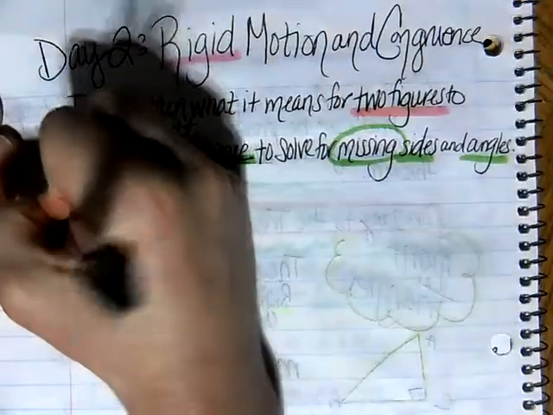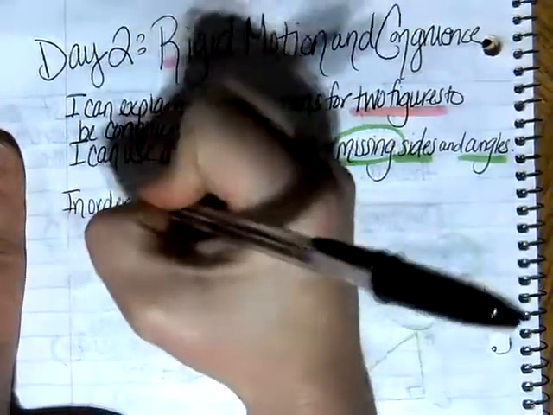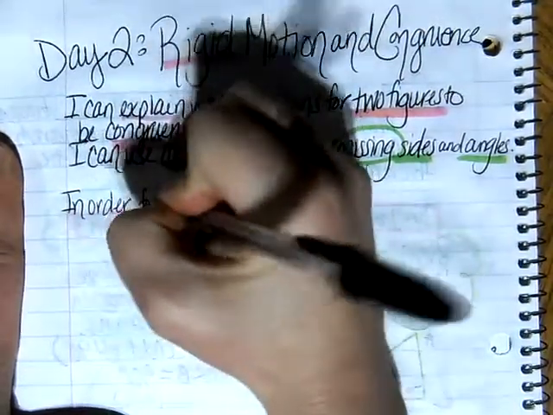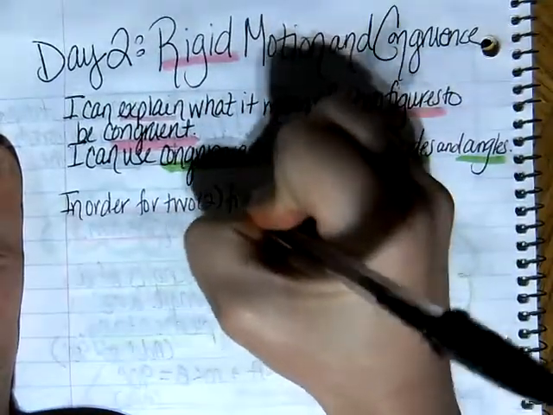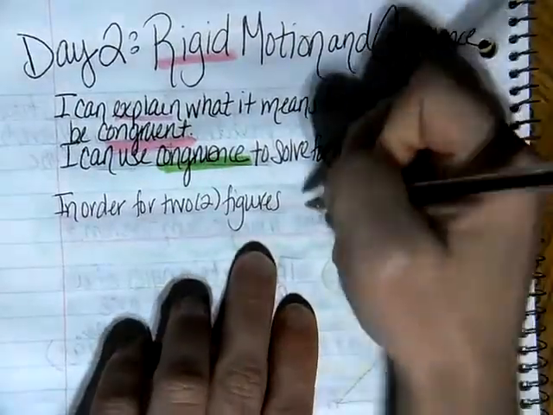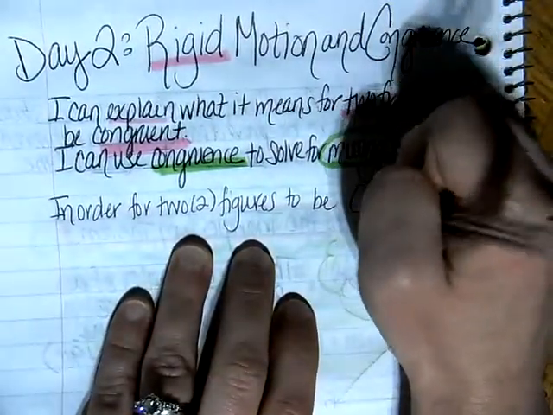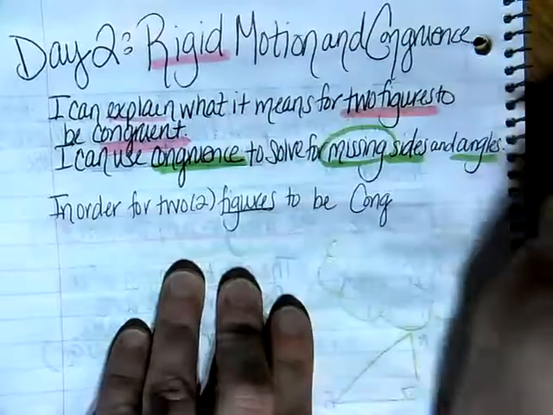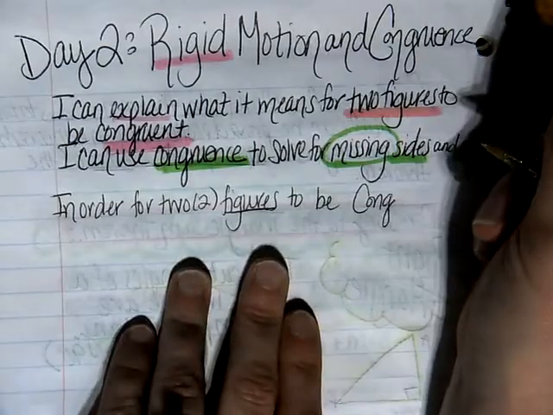Now, in order for two figures to be congruent, so we're talking about figures. That means that we might be talking about triangles or pentagons or hexagons.